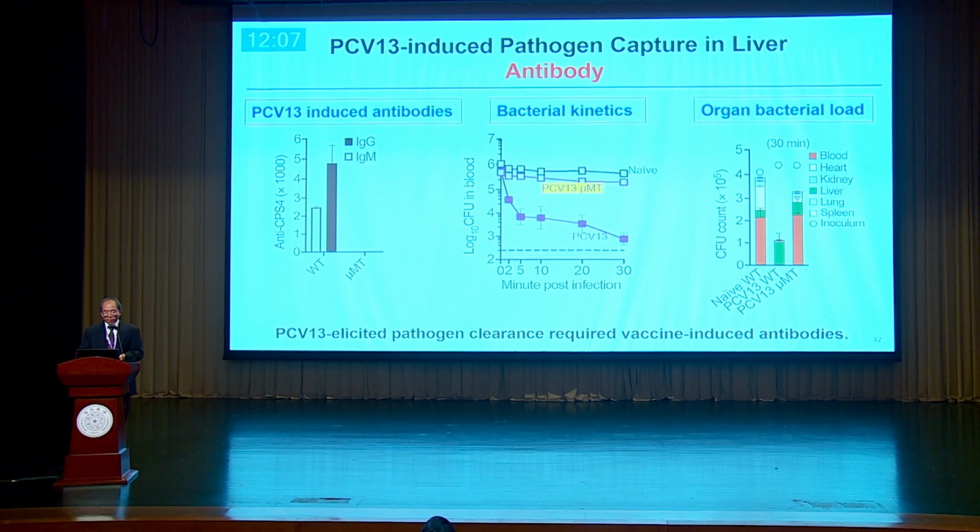Okay? All right. So what happens? Do we need antibody for this? And yes. In muMT mice after immunization, nothing happens, and the bacteria still persist in the blood. So we need the antibody for liver capture of the bacteria.